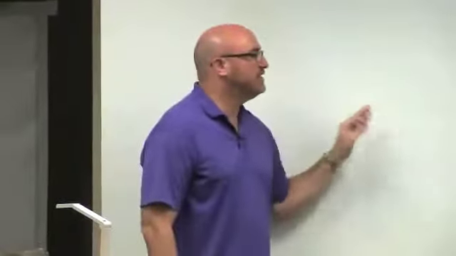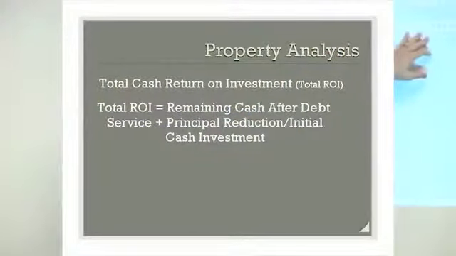But I want you to think about those 3 ways when we're going back to this formula of total return on investment. Because what our objective is here is to see how much clearer or detailed of a picture it is to show the relationship between things like our cash flow plus our, by the way, when I put principal reduction, that's the same word as amortization.